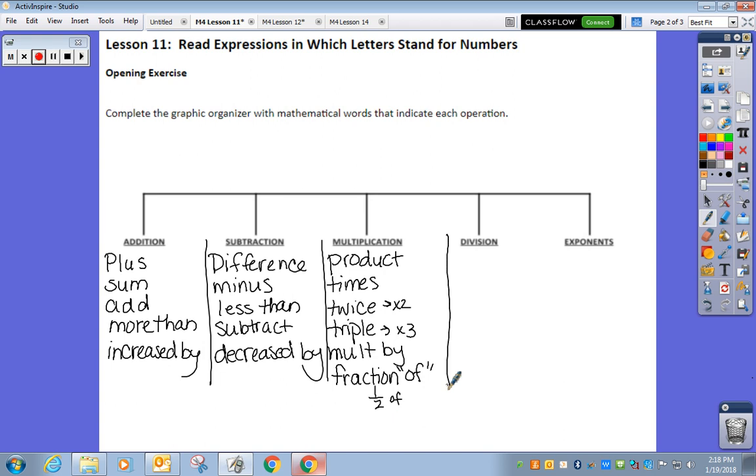For division, quotient, which is the answer to a division problem. Split equally or evenly. Or anything in that same idea, or divided.